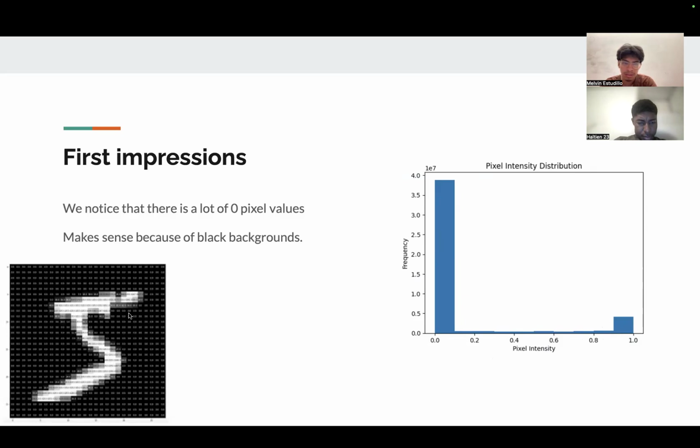The gray intensities signify edges, and it's very helpful that we have the edges in the pixel intensity because it makes it easier for us to compare what numbers have what types of pixel intensities, or tend to have similar pixel intensities, when we actually run the model.